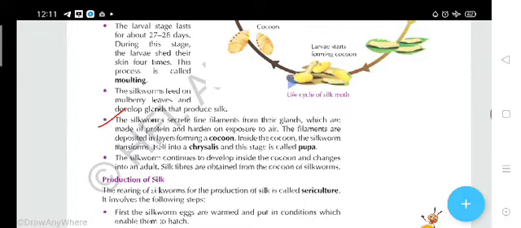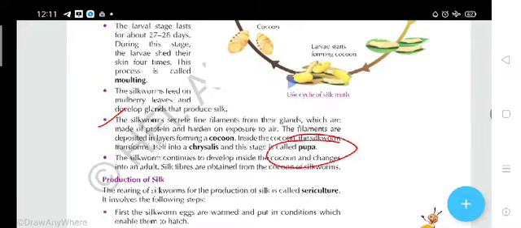The silkworms secrete that filament from their glands, which is made up of proteins and hardens on exposure to air. This filament is deposited in layers forming a cocoon, and inside the cocoon the silkworm transforms itself into a chrysalis, and this stage is called the pupa stage.